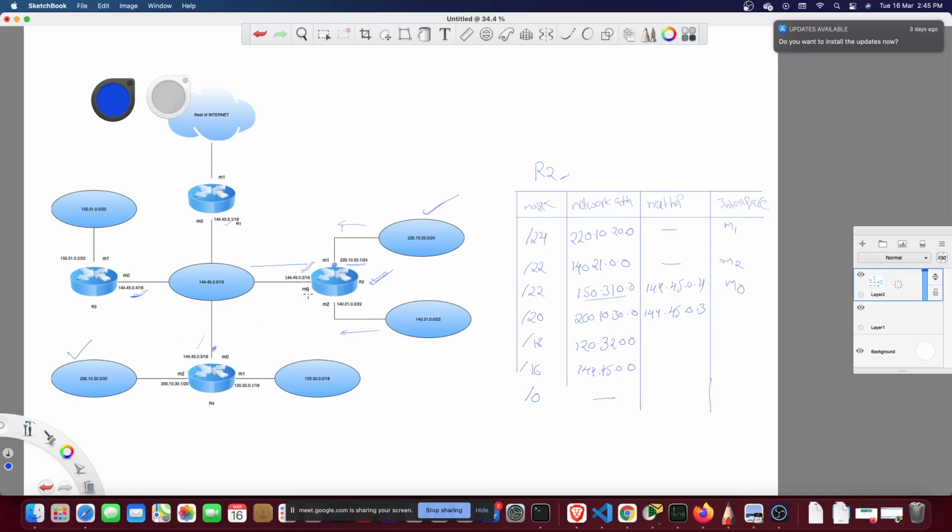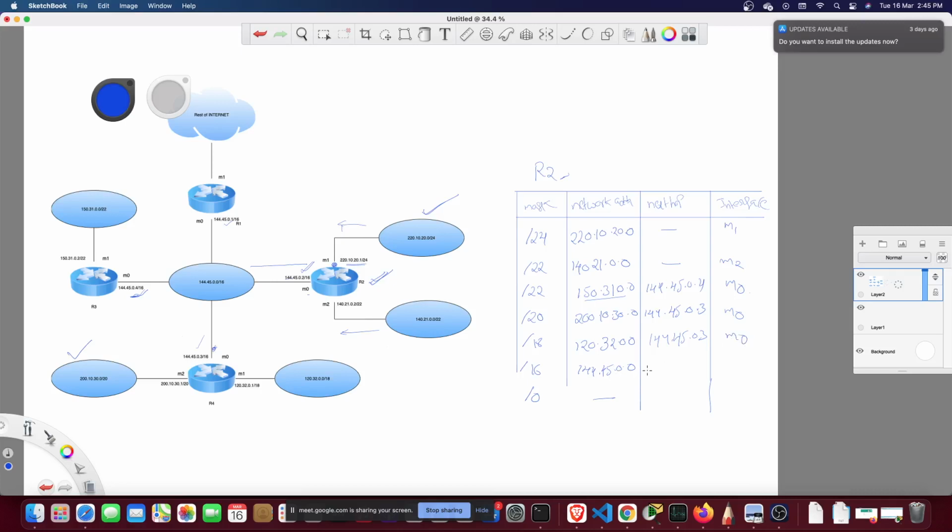over which interface? Yes. Okay, and for 18 also the same. 144.45.0.3 and M0.